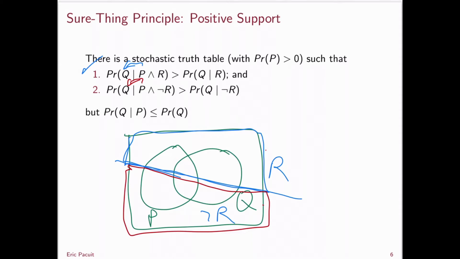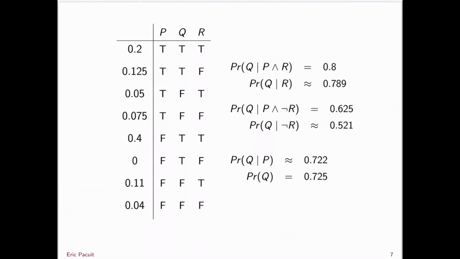So in both of these two regions, it looks like P positively supports Q. However, when we put the two regions together and we consider the whole space, it turns out that P does not positively support Q. So that's puzzling if you think about it from this perspective. And I'll say more about that in just a second. But first, let's just look at an example to illustrate how this can fail.